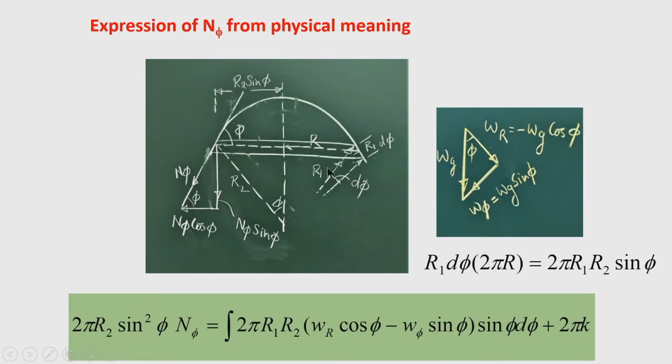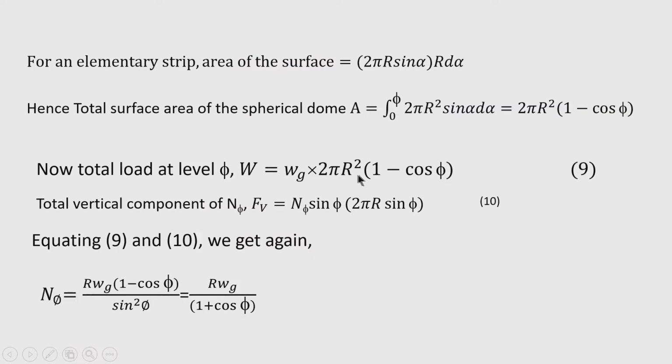So, if I take this angle as d alpha and this strip width is r_1 d alpha, then the total area of the strip will be r_1 d alpha into 2 pi r. So, we get 2 pi r sin alpha r d alpha.